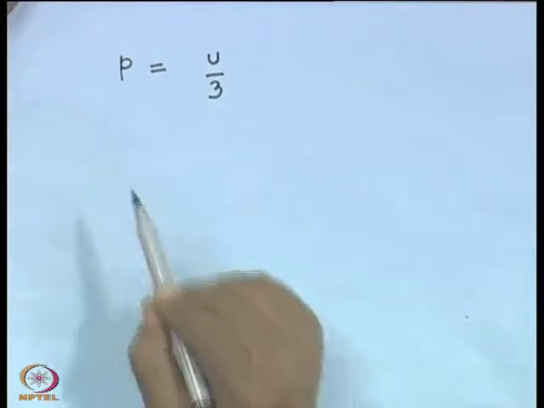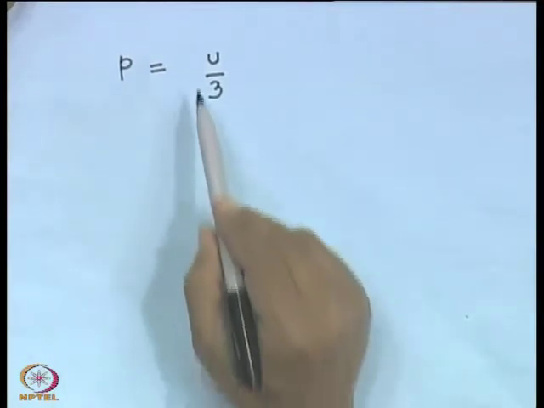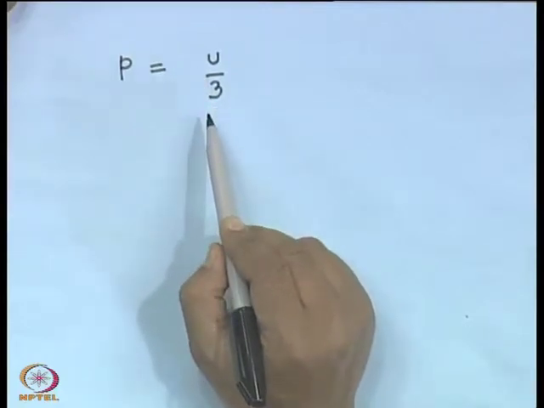We saw this in the first class lecture on radiation. The pressure of the radiation is the energy density divided by 3.